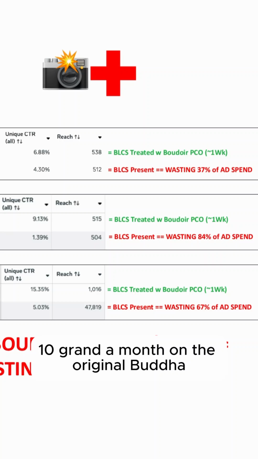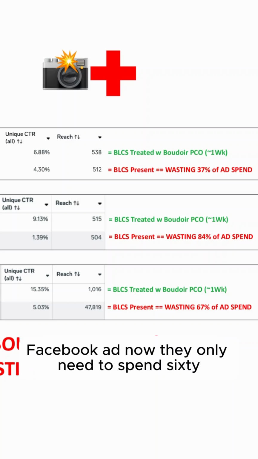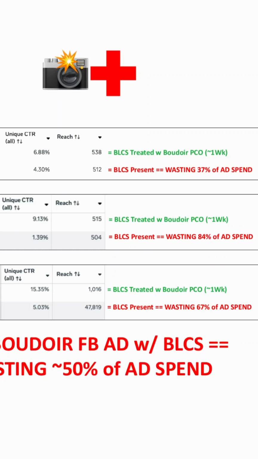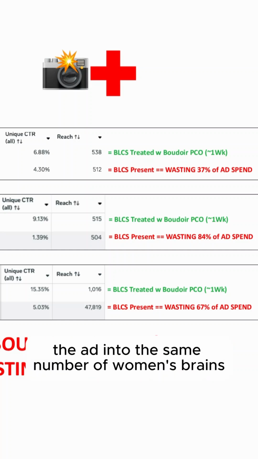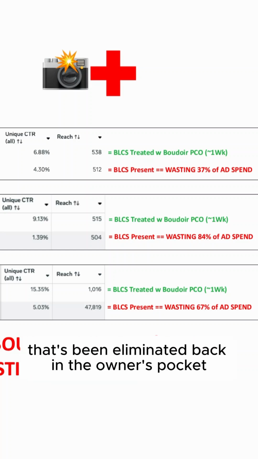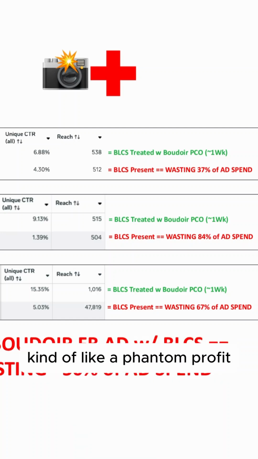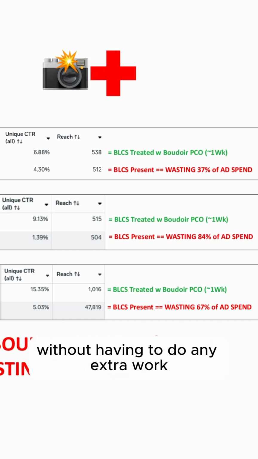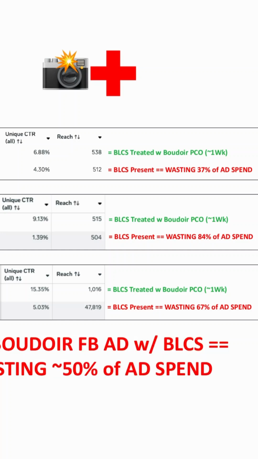So if they're spending 10 grand a month on the original Boudoir Facebook ad, now they only need to spend 6,300 bucks a month on the Boudoir PICO treated ad to get the ad into the same number of women's brains in both scenarios. So 3,700 bucks a month of wasted ad spend is eliminated and back in the owner's pocket. They no longer have to spend it, kind of like a phantom profit. That's like 40K over the next 12 months without having to do any extra work.